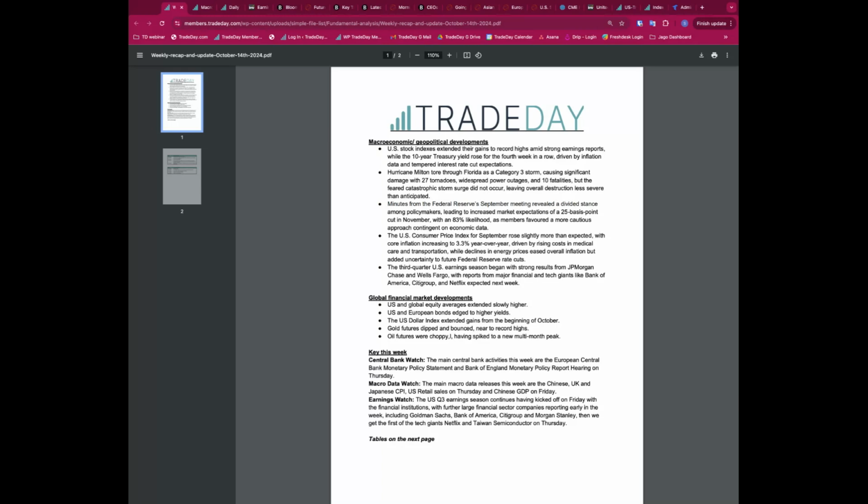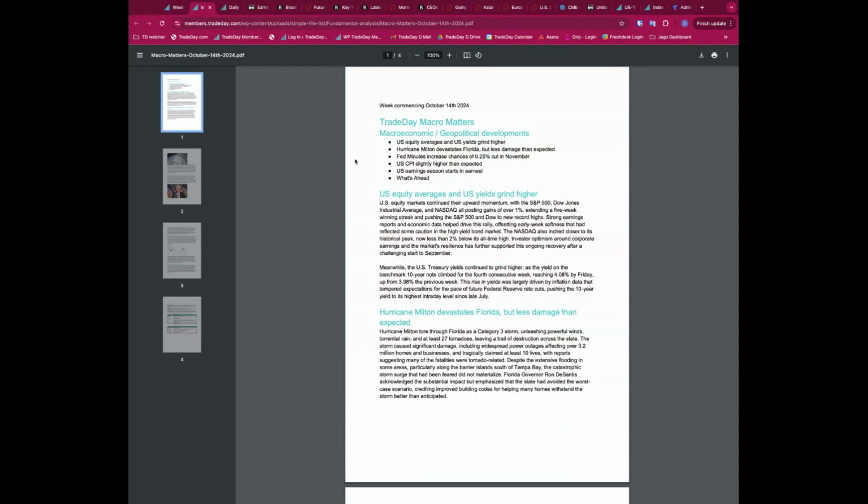The weekly recap and outlook is just a shorter summary version of the macro matters, the longer version. And then we have the right-hand column, which is the news provided for us by our partners at LiveSquawk, the Squawk service. So those are the news items on the right-hand column. This is on that central column. I'm going to actually go through the macro matters.